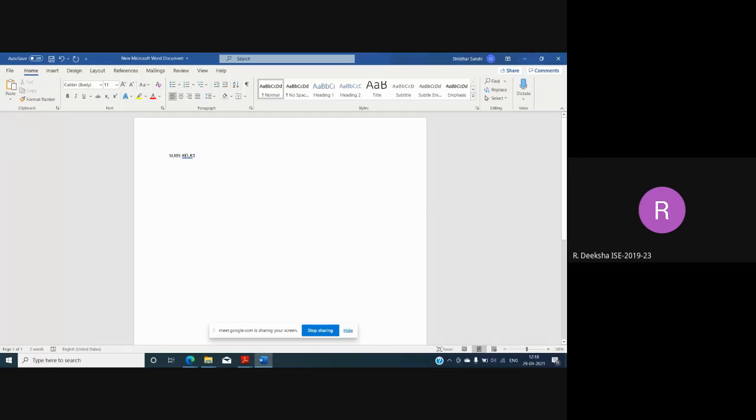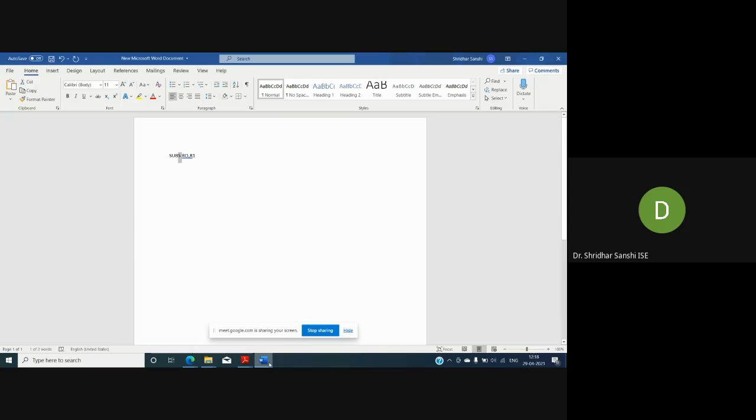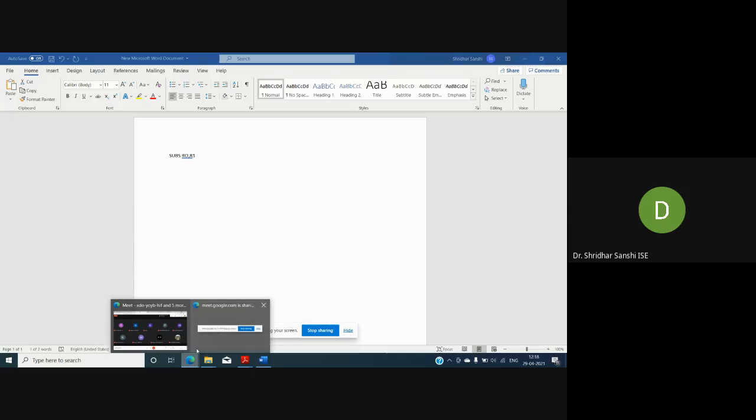Yes, sir. Okay, so if you write only SUB R0, R1, the flag bit is not updated. Only when you write the instruction as SUB followed by the S character, then the flag bit is updated. Similarly for all the flags, we need to write appropriate characters to update the flags.